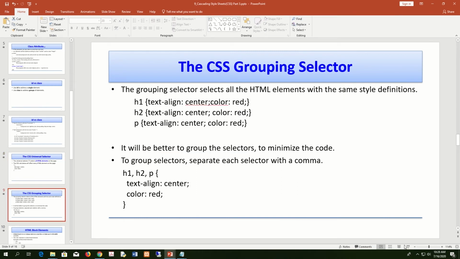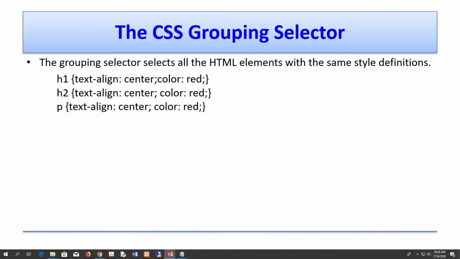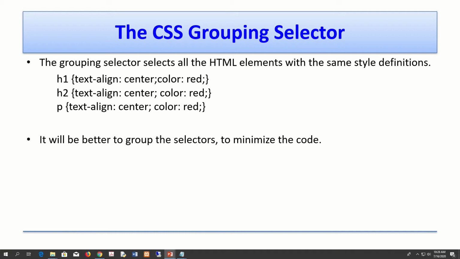And then next one is the CSS grouping selectors. We did the same thing earlier. In here I have the H1 selector, the H2 selector, and the paragraph selector. Assume all those selectors are defined with the same CSS properties. So these can be grouped into one particular group to minimize the CSS code.